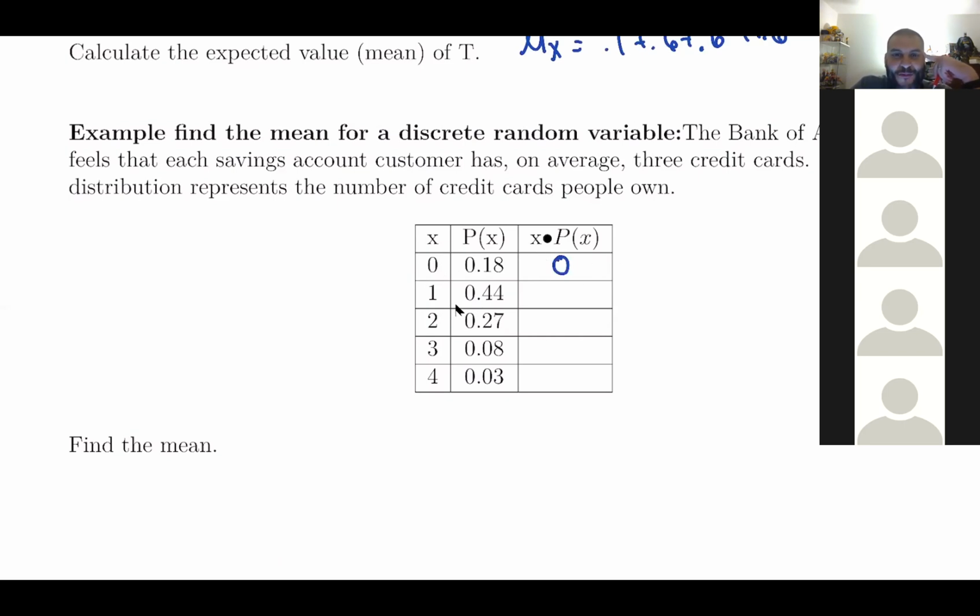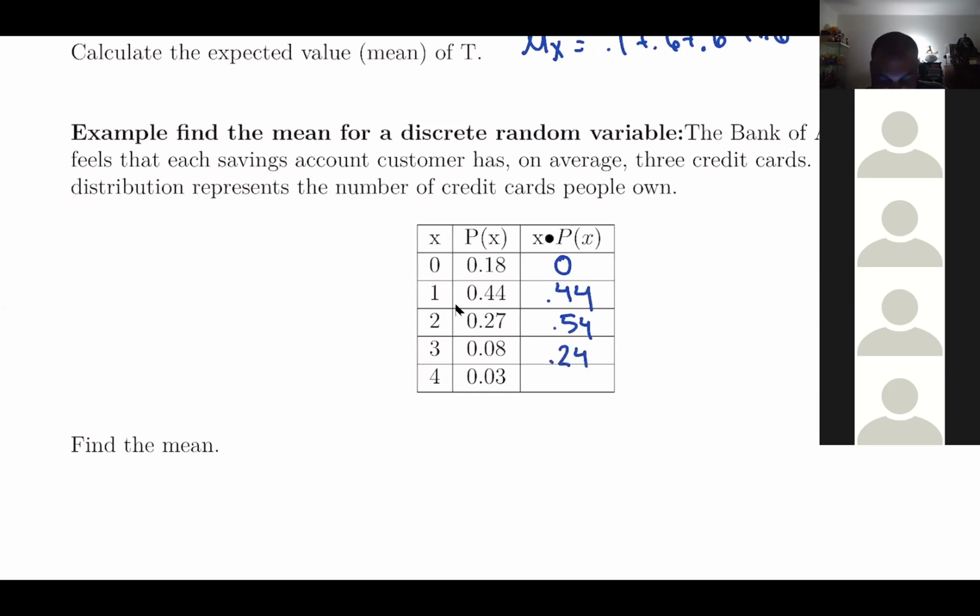All right, what about for the next one? 1 times 0.44, what do we get? 0.44. What about 2 times 0.27? 0.54. What about 3 times 0.08? 0.24. Lastly, what about 4 times 0.03? 0.12. So if I want to find the mean, you get 0 plus 0.44 plus 0.54 plus 0.24 plus 0.12.